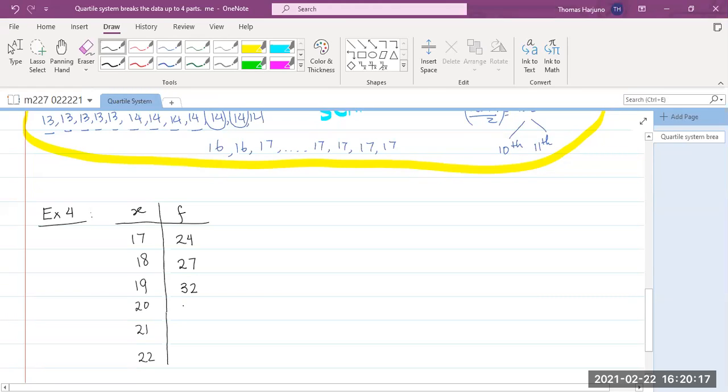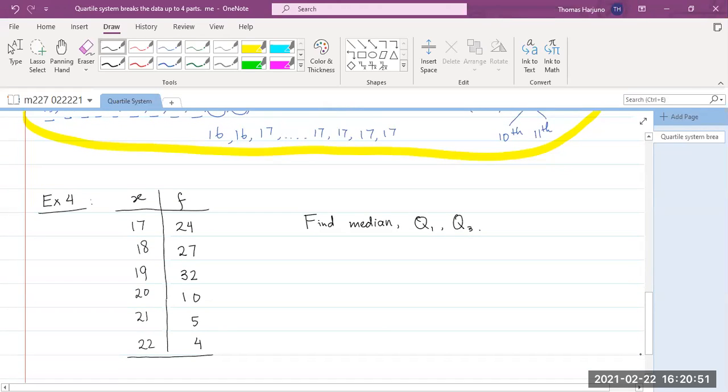I have 10 here, 5, and then 4. Find the median, the first quartile, and then the third quartile. I think the total is 102, isn't it? Yeah, 102.